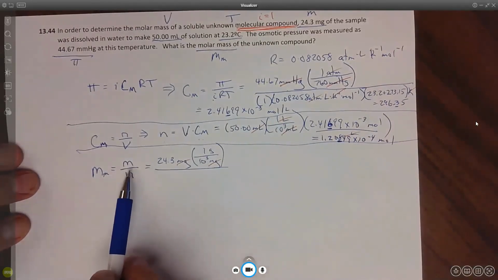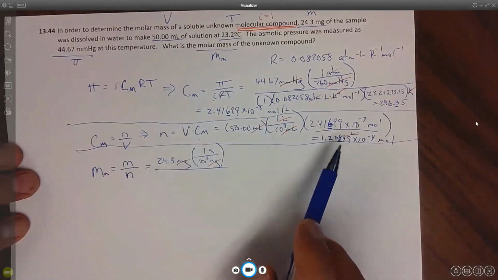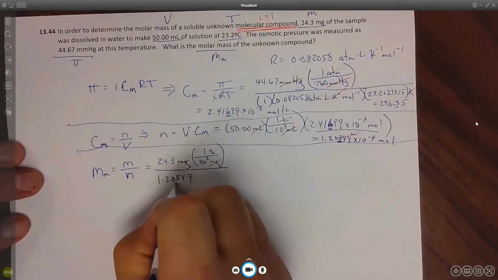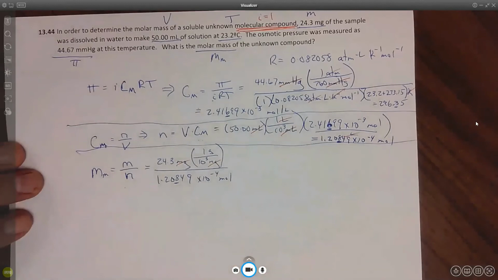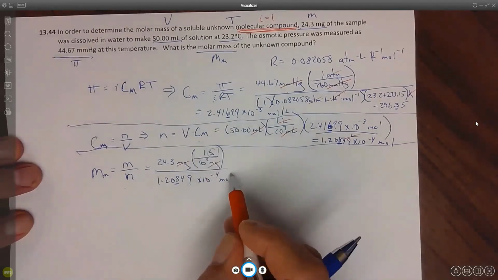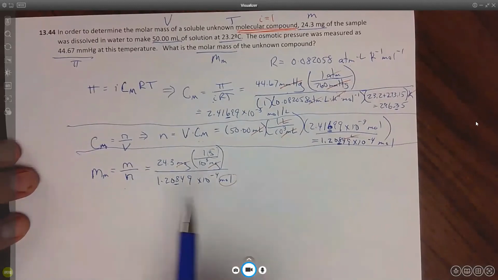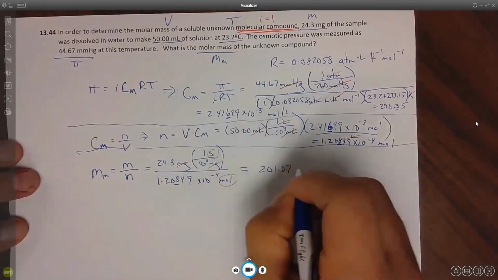So now we know the mass, and the number of moles within that mass is this number of moles, 1.20849 to 4 sig figs times 10 to the negative 4 moles. So now I have units of grams per mole, exactly what I expect for a molar mass. Plug that into your calculator, and you're going to get 201.07 grams per mole.